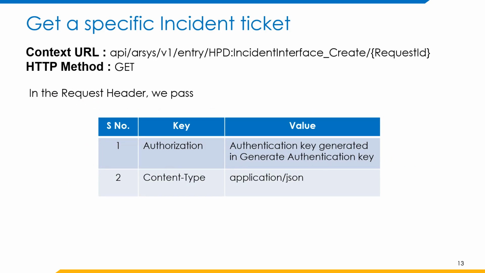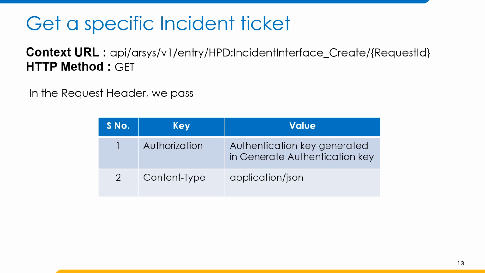Get a specific incident ticket API. We are using this API to get a specific incident ticket's details like request ID, incident number, create date, status, summary, and many more. The HTTP method we will be using here is GET.